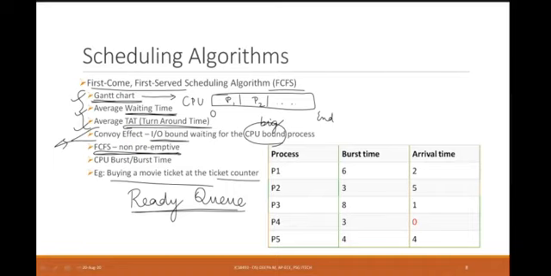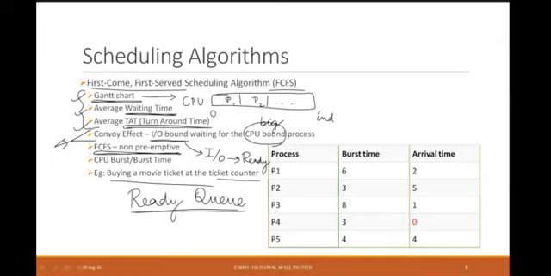Now all the IO bound processes will assume that they are doing their IO operations. After completing their IO operations, they come back to my ready queue, because there is already one big CPU bound process which is executing. So IO bound processes after completion of IO are moved to the ready queue.